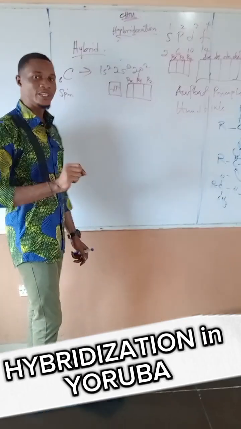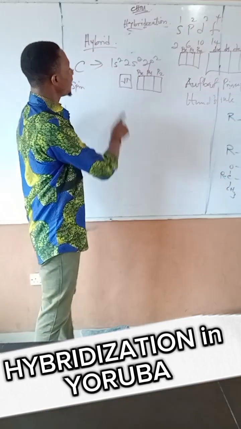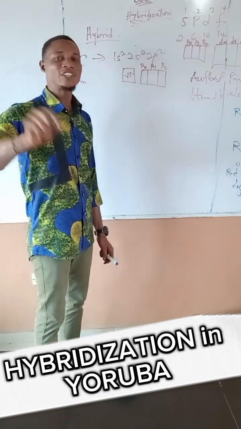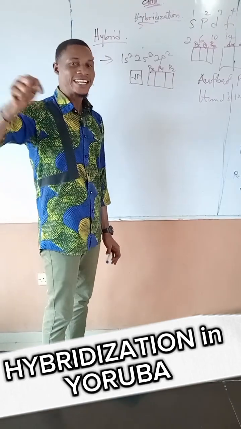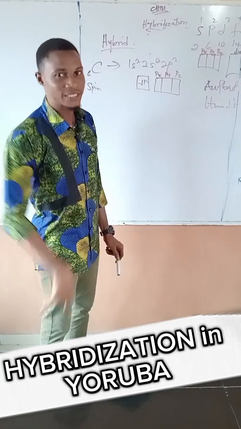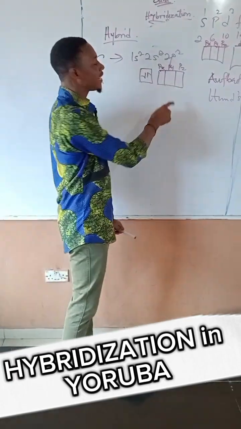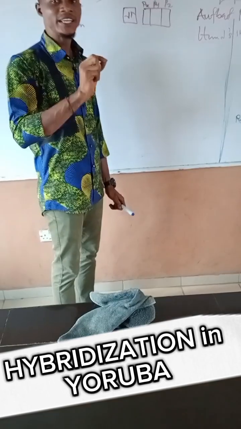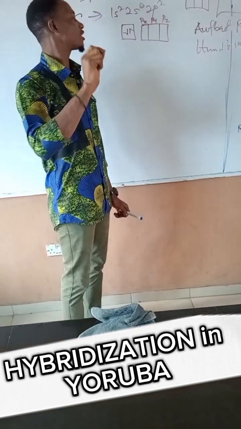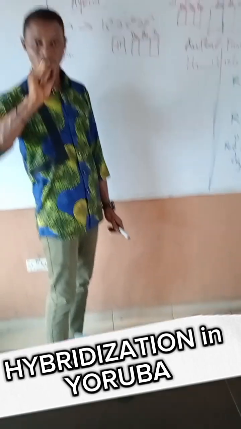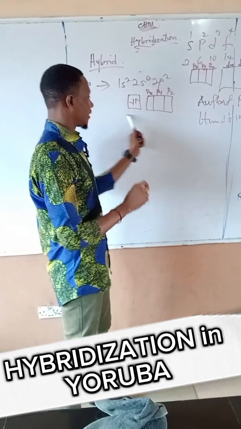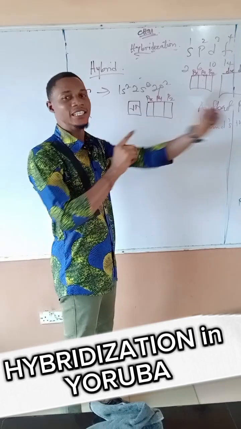What Hund's rule is saying is that in degenerated orbitals, which is what we call suborbitals, the spin electrons must be arranged first accordingly.